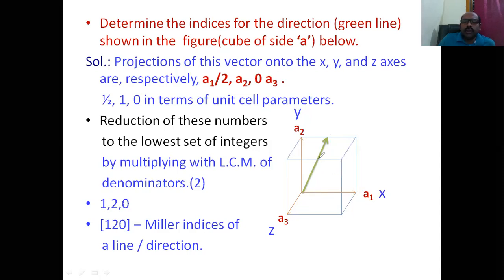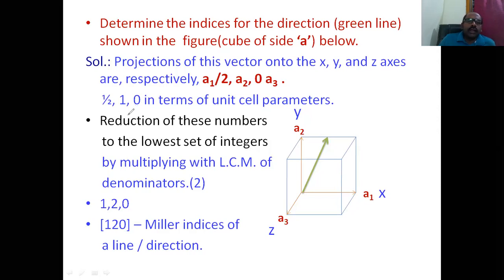Here the projections of this vector are on the x-axis and y-axis only, not on the z-axis, and the intercepts are taken and expressed in lattice parameters. After that, we have to reduce the numbers to the lowest integers by multiplying or dividing with a relevant number.